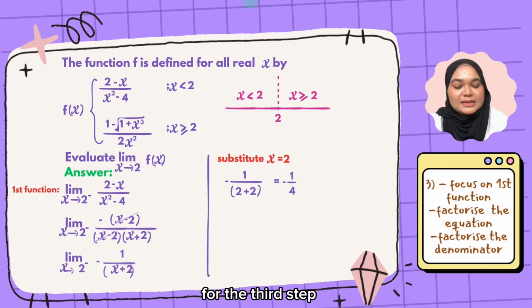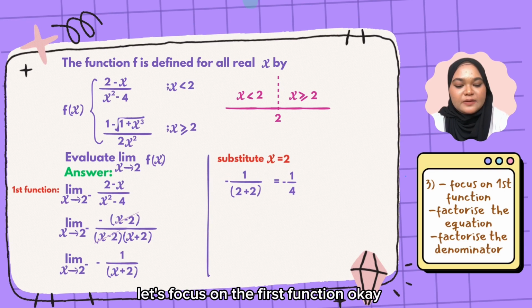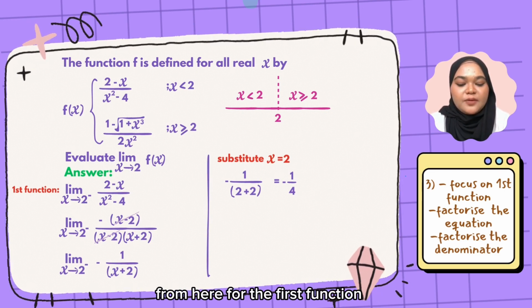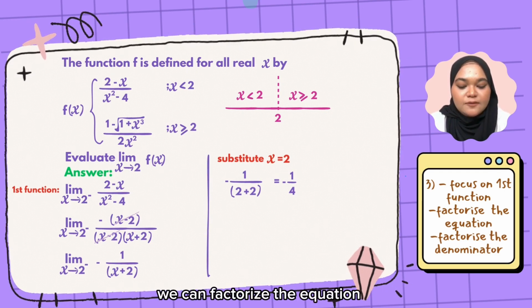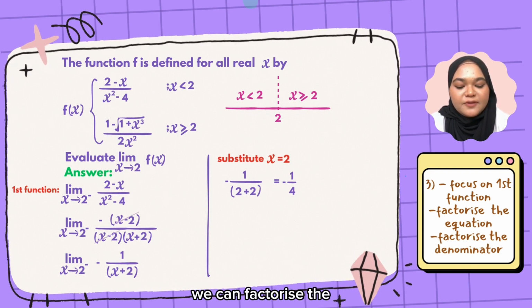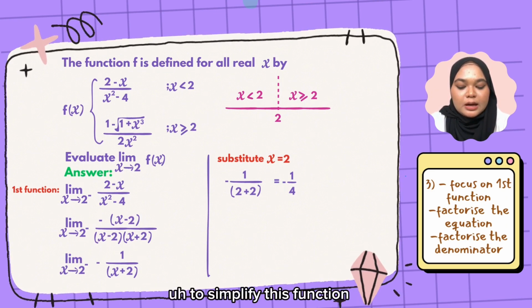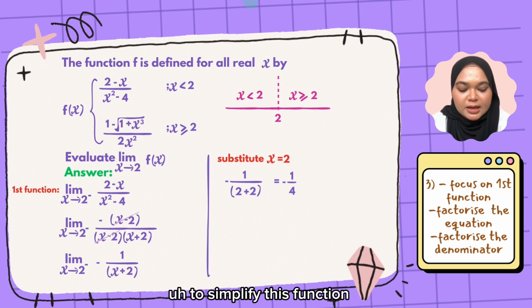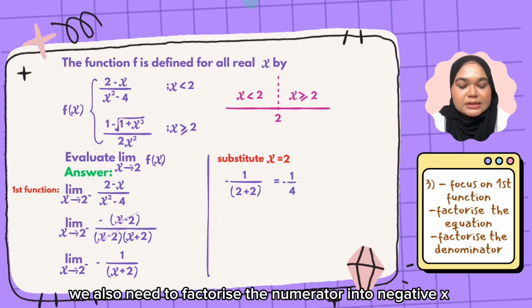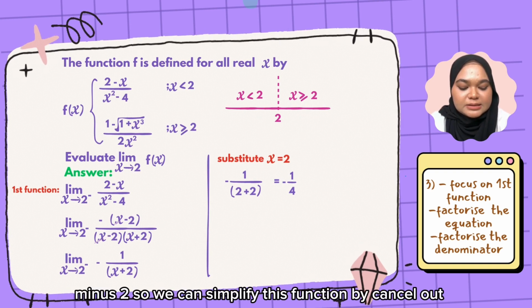For the third step, let's focus on the first function. From the first function, we can factorize the equation. We can factorize the denominator into x minus 2 and x plus 2. To simplify this function, we also need to factorize the numerator into negative x minus 2.